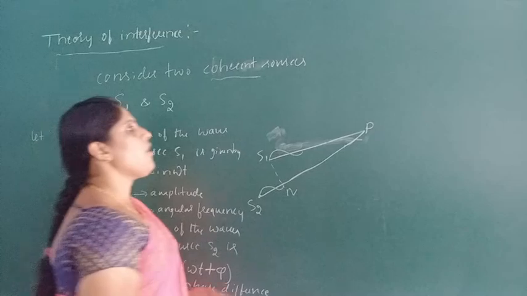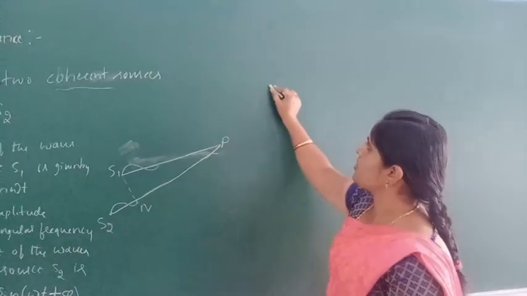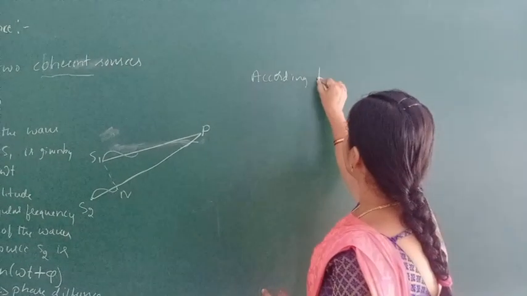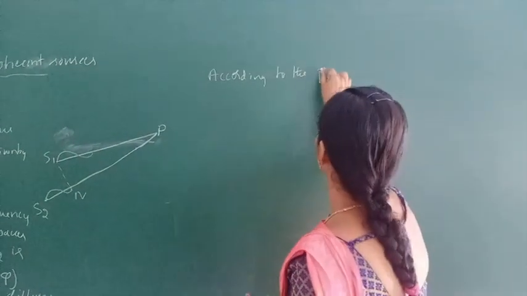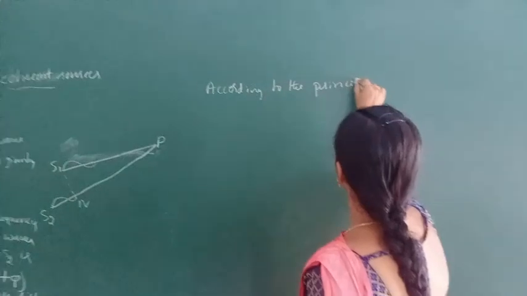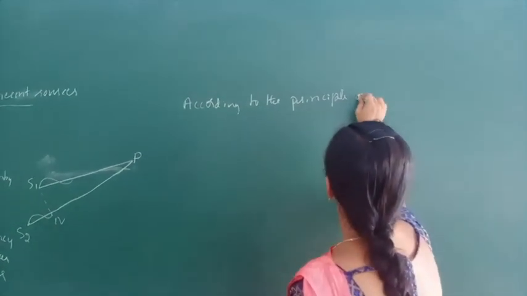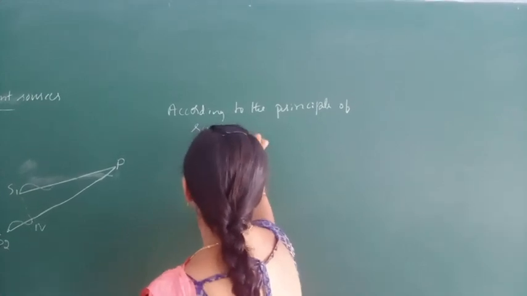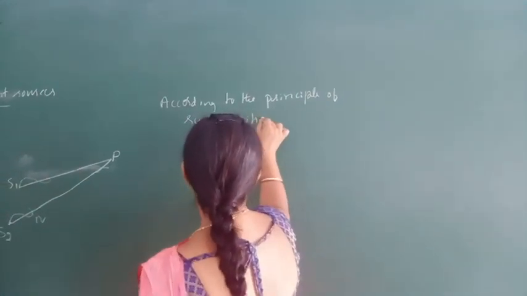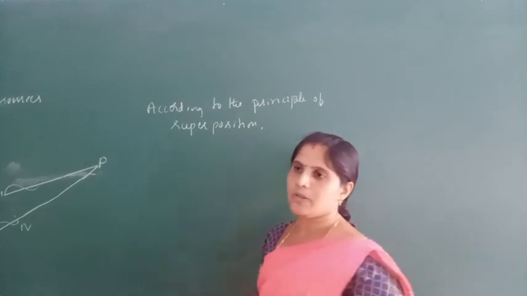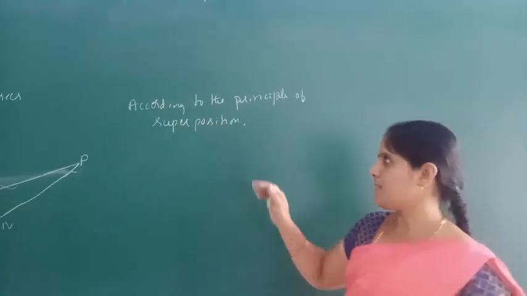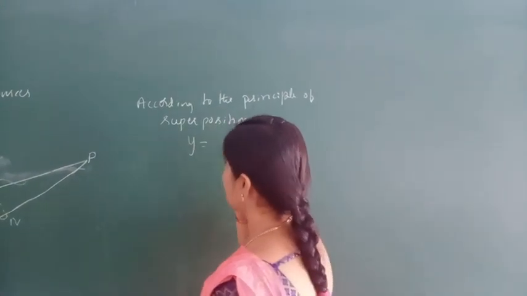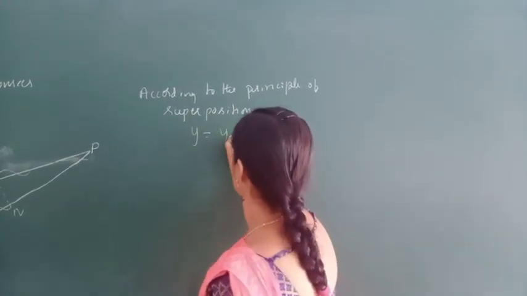Then, according to the principle of superposition, the resultant displacement is equal to the vector sum of the individual displacements.